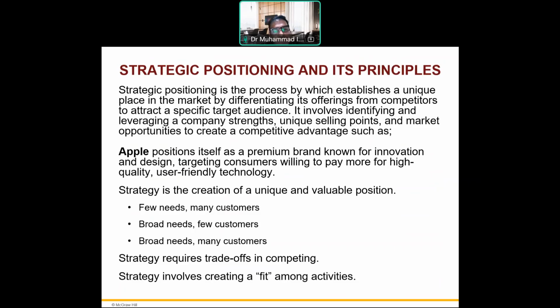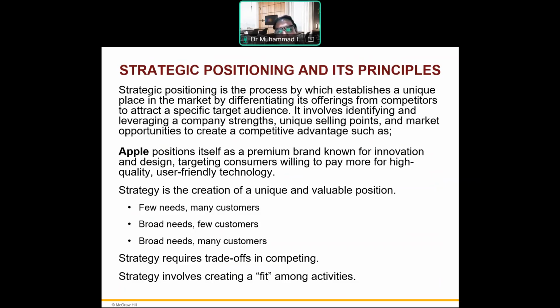Strategy involves creating a fit among activities, so you can see the above three activities. In simple meaning, fit among activities means how we get the position and how we lead in the market. For that we have to apply many activities and put in many efforts, right? Improve your quality.